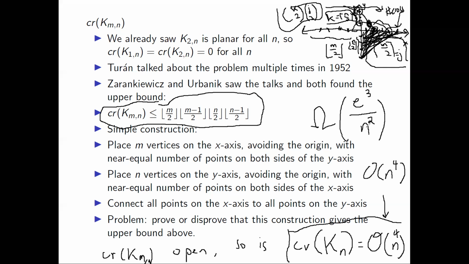So for the complete graph, that gives us a lower bound on the order of n to the sixth over n squared, which is on the order of n to the fourth. So that's how we get a theta of n to the fourth for the complete graph. So we're going to see how to prove that.